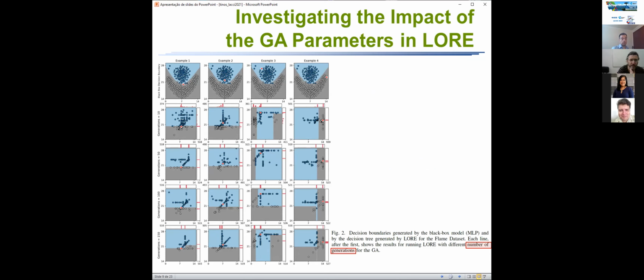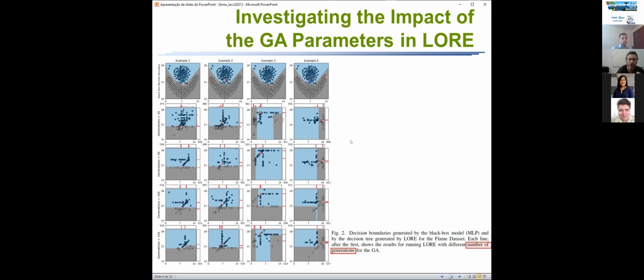And we have 4 instances to explain. So in the first row, we see the same data set and the same decision boundaries generated by the multi-layer perceptron. But the instances in red are different, the instance to be explained.